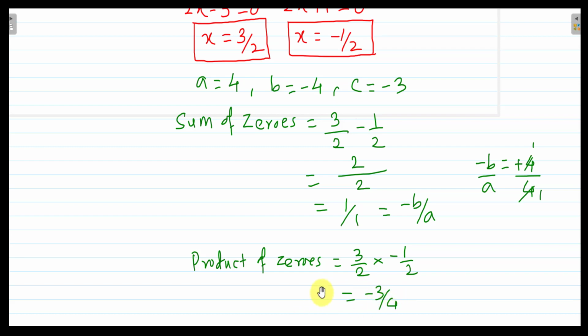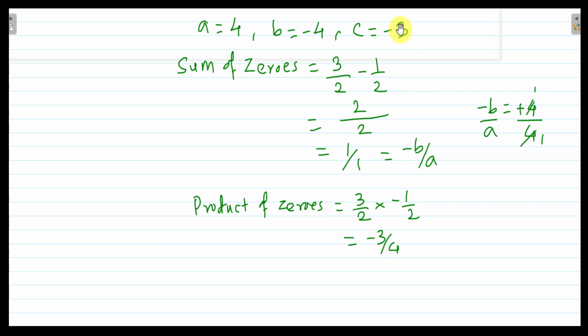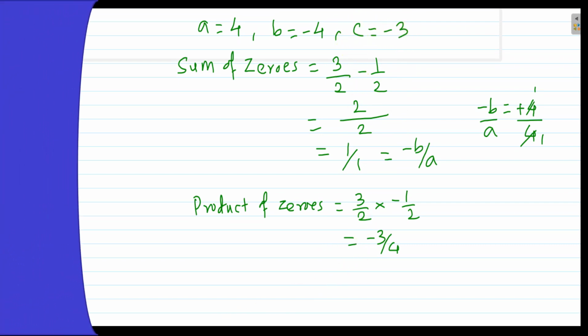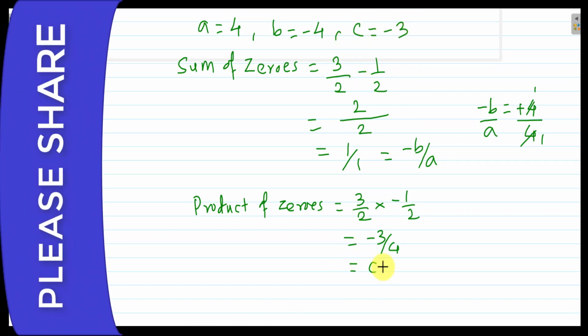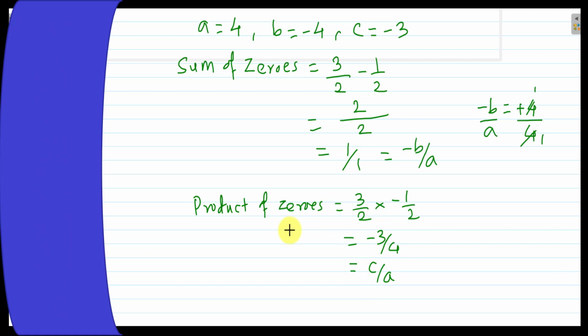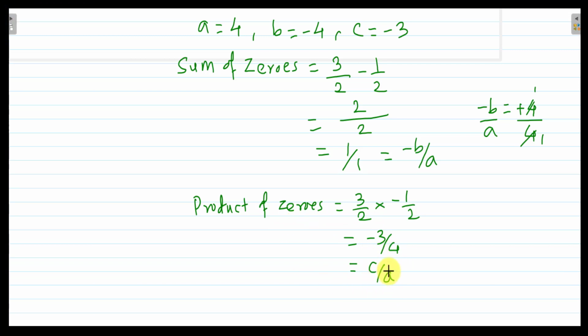Minus 3 is c, and 4 is a, so it is c upon a. So the product of the zeros is equal to c upon a, that is constant term upon coefficient of x square. So friends, now we will move to another question.